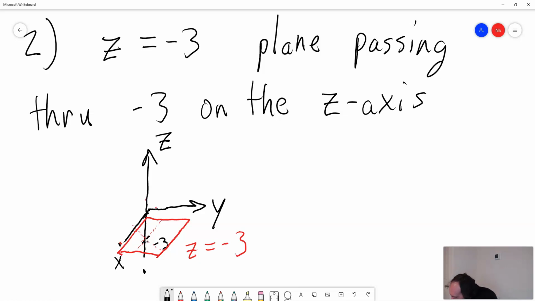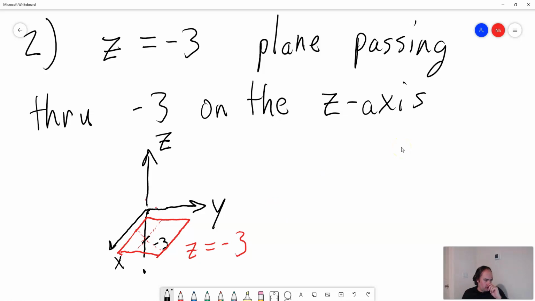My drawing is really bothering me. But I don't know what to do because I'm not an artist. So I'll just continue to suffer with my silly drawings. Okay, but remember that the plane goes all the way to infinity on both the x-axis and the y-axis, and it passes through -3 on the z-axis.